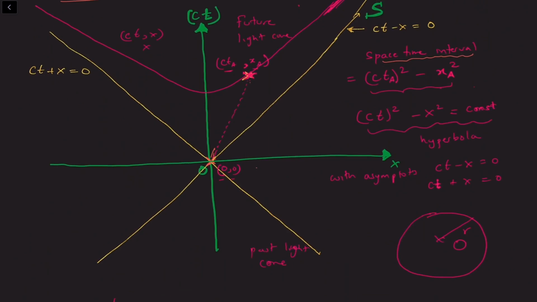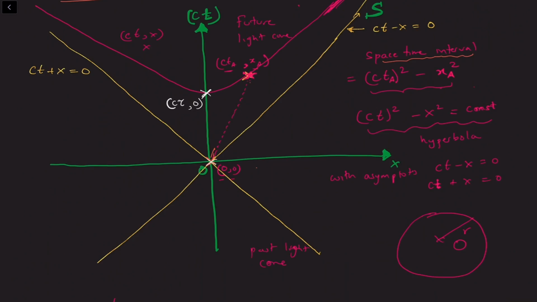Now, if you look at this hyperbola, you see that there's a point over here, which I will point out, which corresponds to a space-time point which is at the same spatial location as O, but is at a future time. So this is at the spatial location 0, but let's say it's at a time tau.